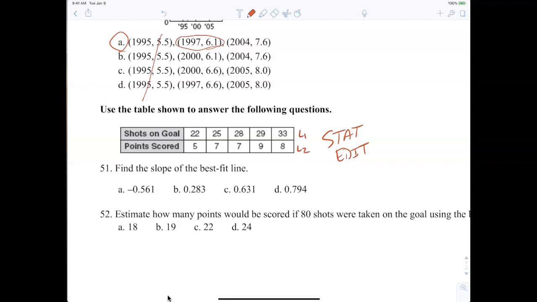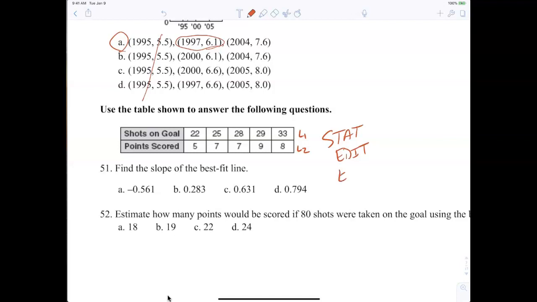You hit the Stat button, then Edit, and then you type those numbers in. L1 is the X value, so you would enter 22, then 25, 28, 29, and 33. Then under L2, you would enter 5, 7, 7, 9, and 8.